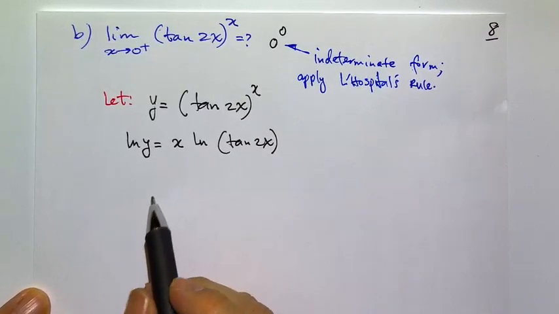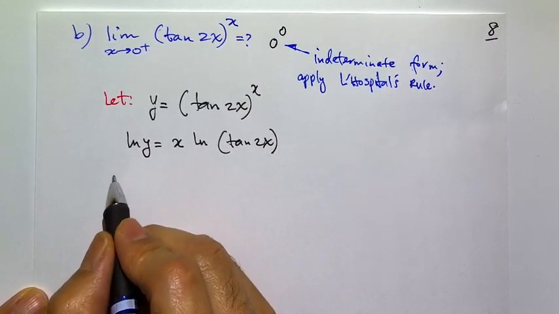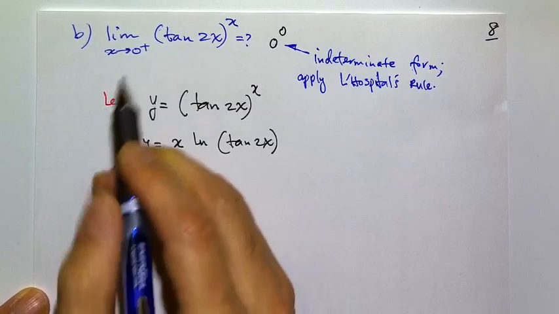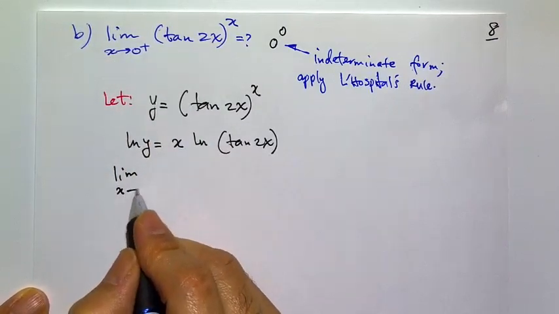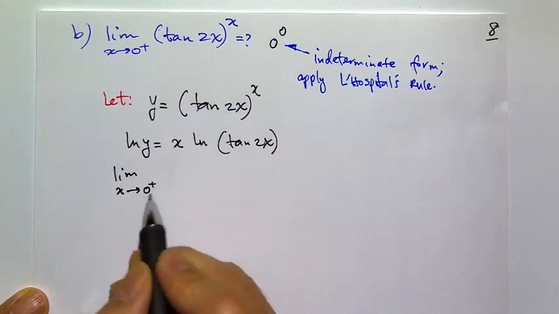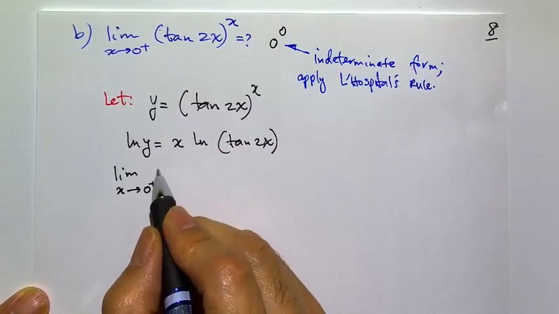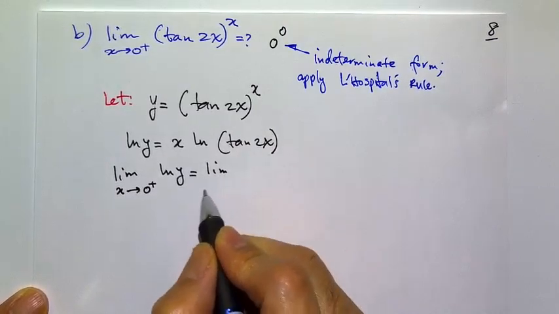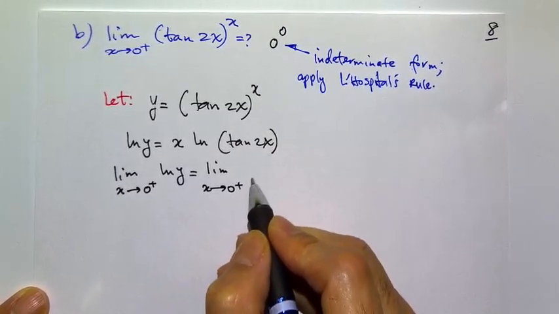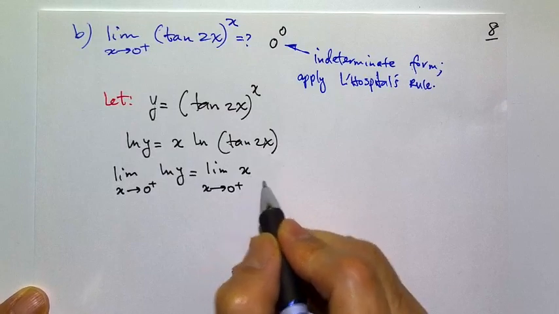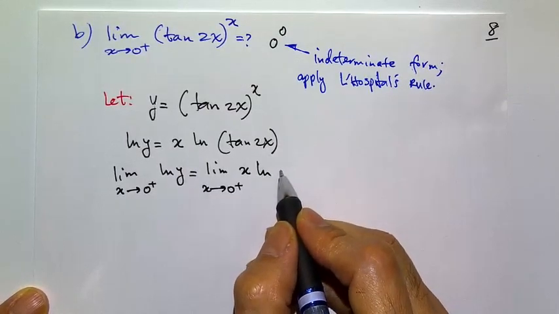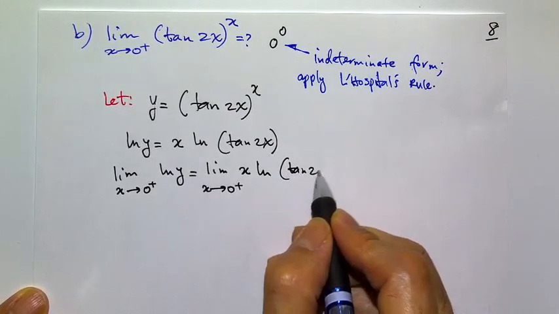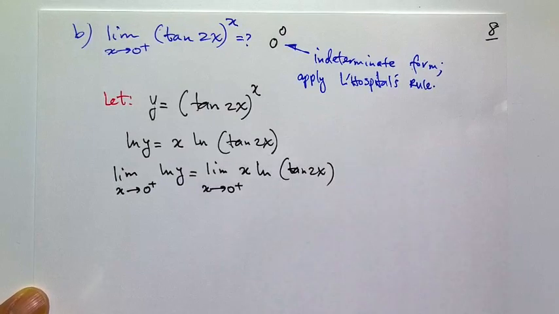And so now we apply the limit of the original expression, right? The limit as x goes to 0 from the right of natural log of y would be equal to the limit as x goes to 0 from the right side of x times natural log of tangent of 2x, right? Like that.